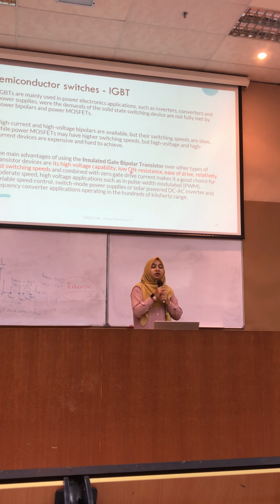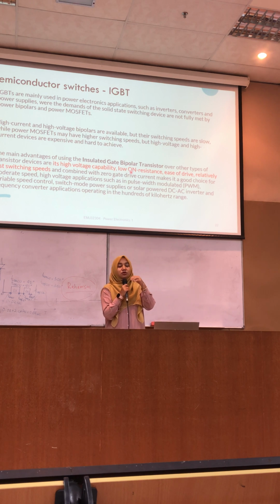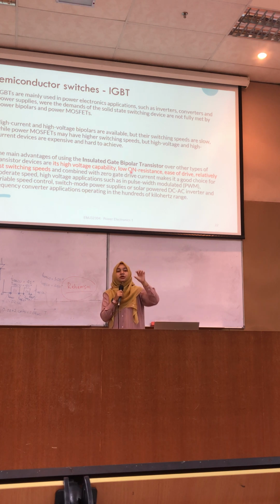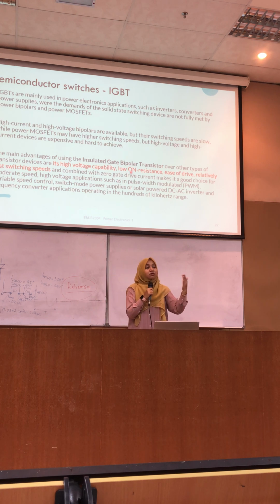You know that in an electric circuit, with high impedance and low impedance paths, the current will go more to the low impedance path. Due to that principle, the IGBT has a very low RDS on, so very low impedance, so more current will flow to the IGBT as compared to the BJT.